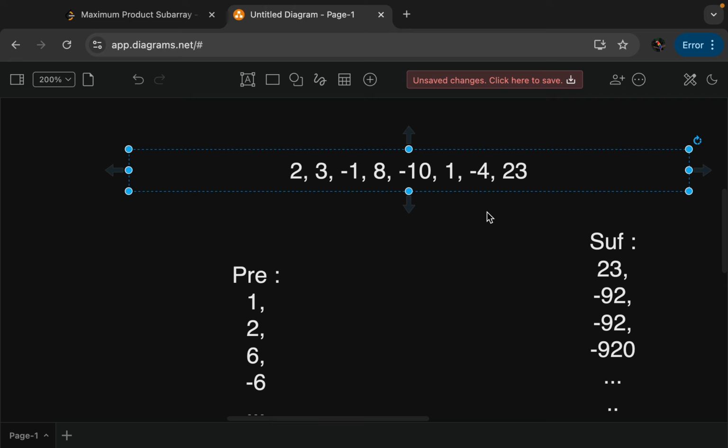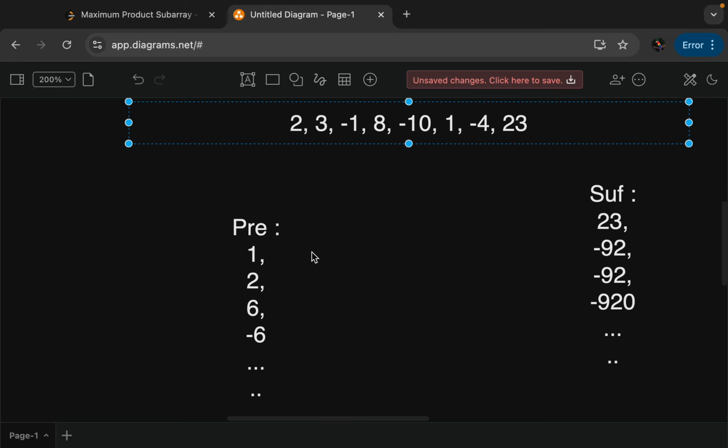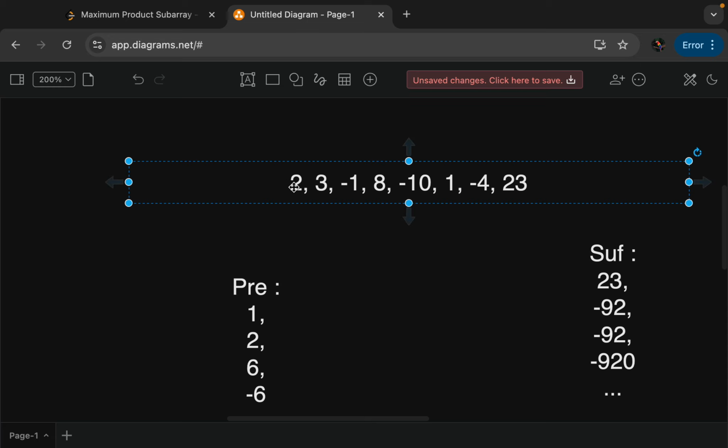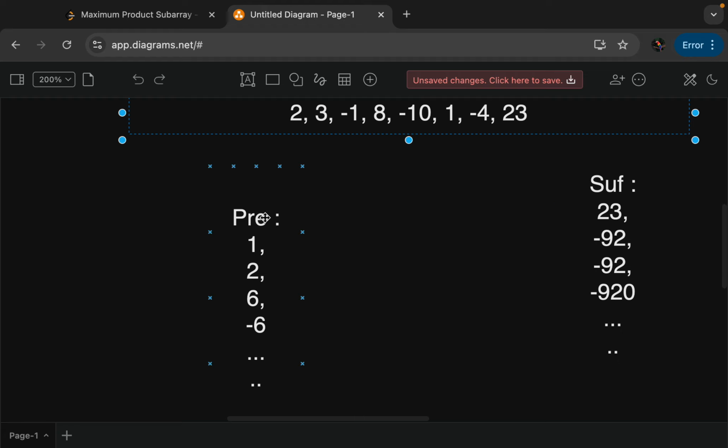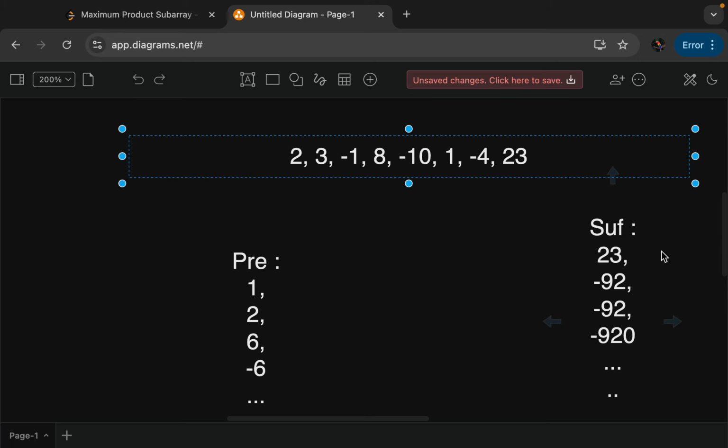Okay, so the solution that works here is that for each element of the array, we need to find the product of prefix elements and the product of suffix elements.